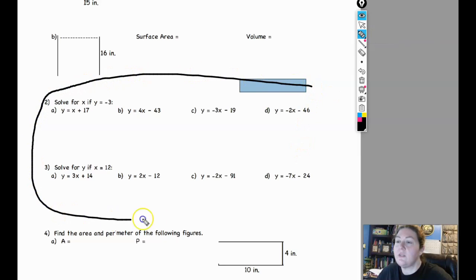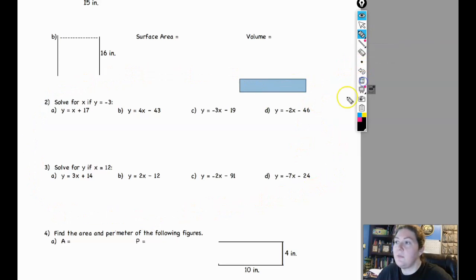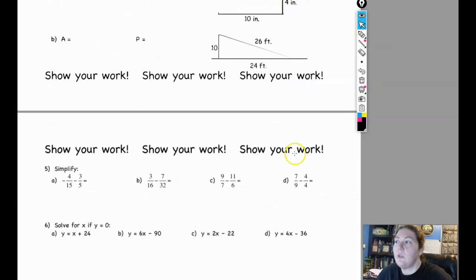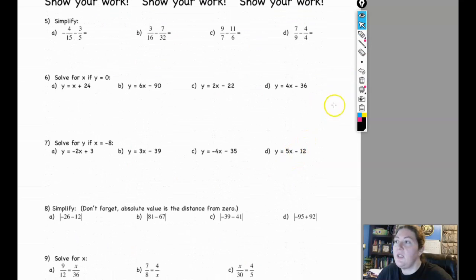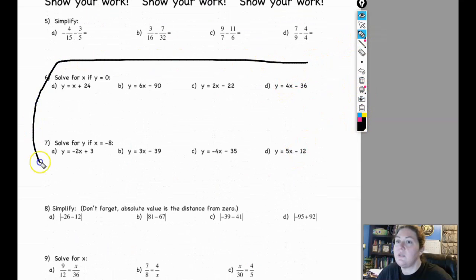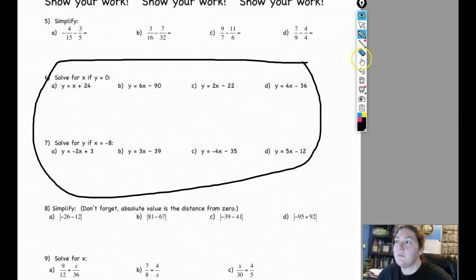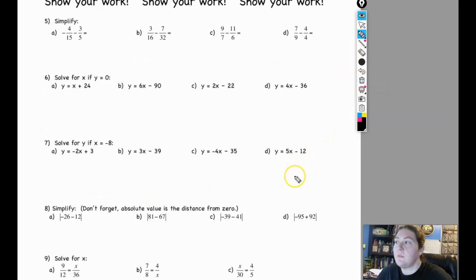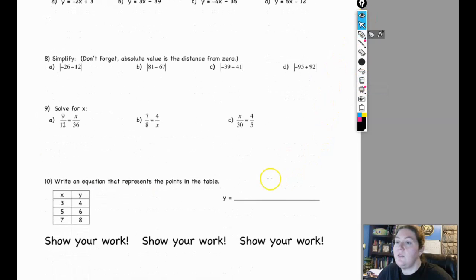Right here. Exact same thing. Alright, and we're going to go to the next page. Number 6 is the exact same thing. And that's it. So all of these pages have this type of problem on them. It's substitution and solving equations.